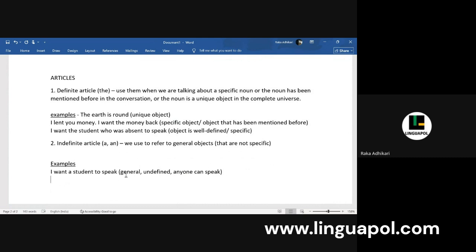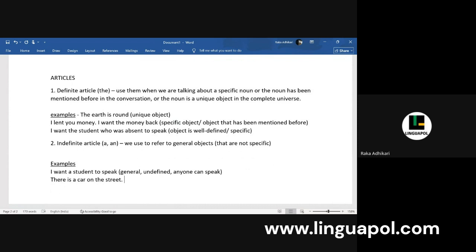For example, if I say there is a car on the street. So I didn't define anything about the car. I'm not talking about any particular car.